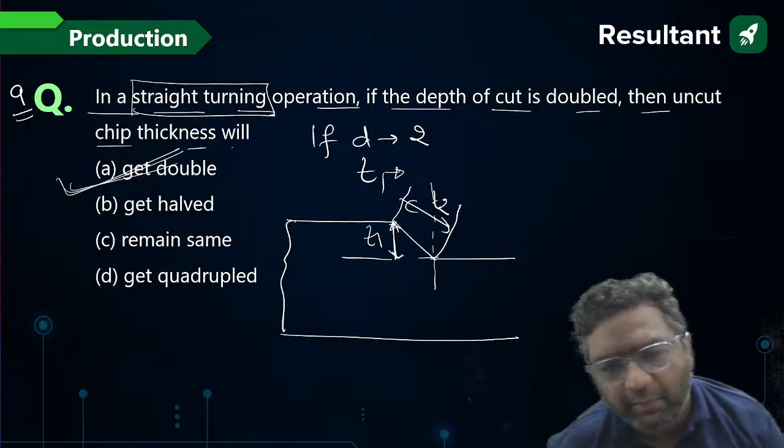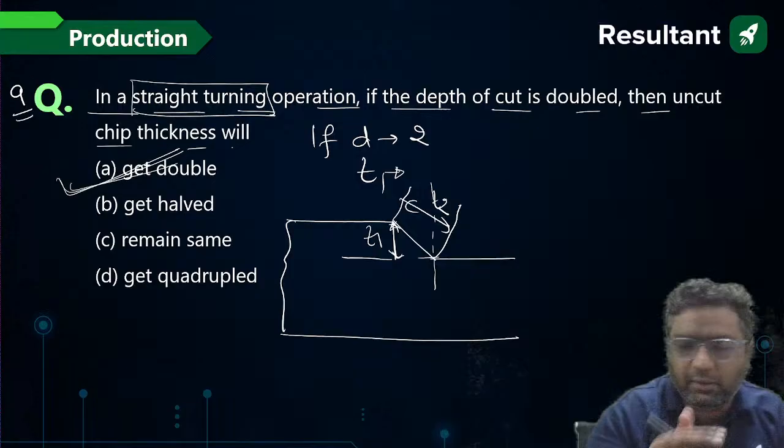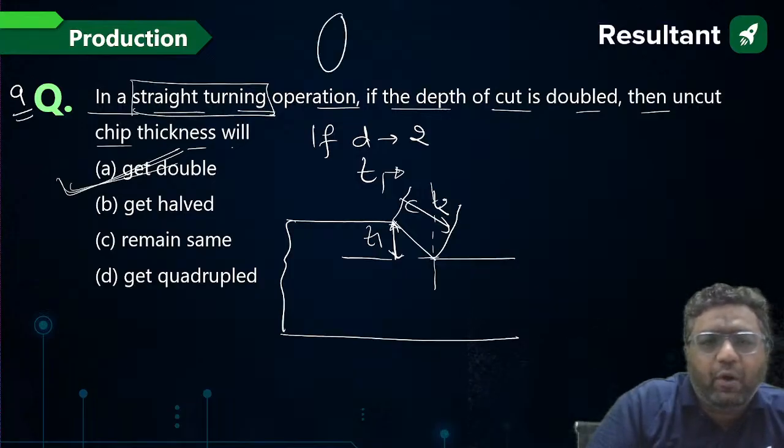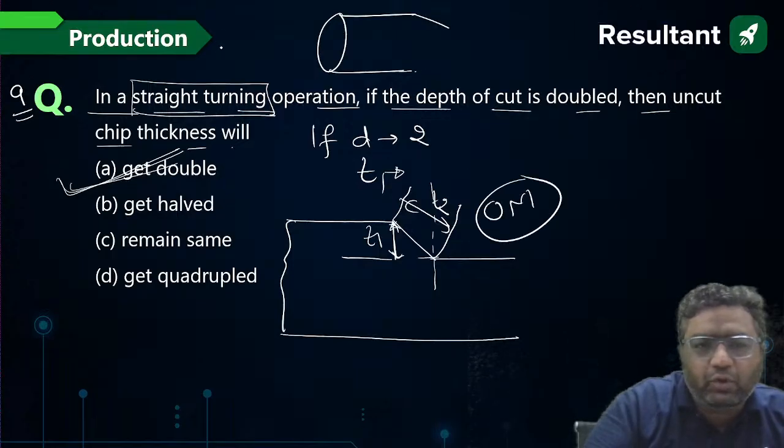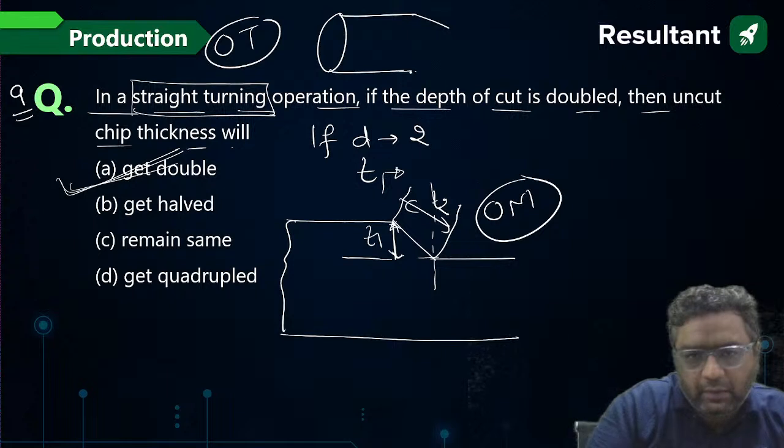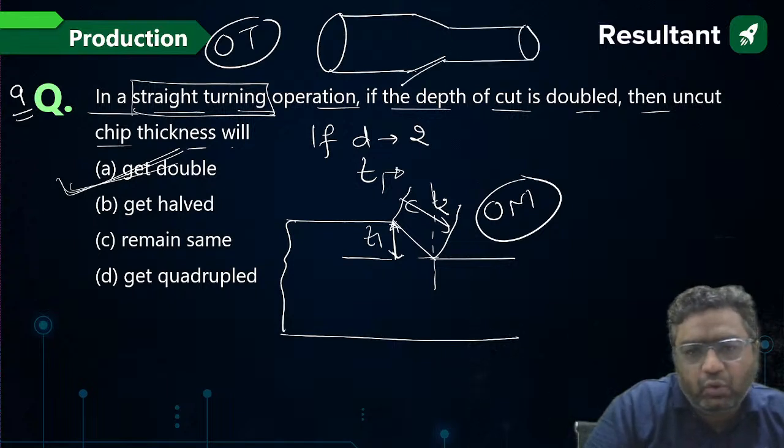When depth of cut will be doubled, then in turning operation, because you know turning operation, I should make it like this. This is orthogonal machining. Orthogonal turning is this, like this. So here, you know, this is going to be our cutting tool.